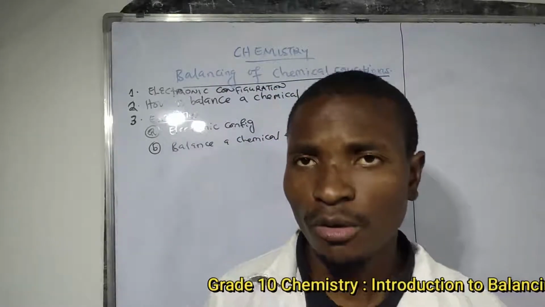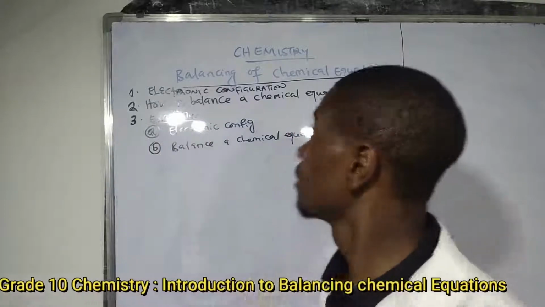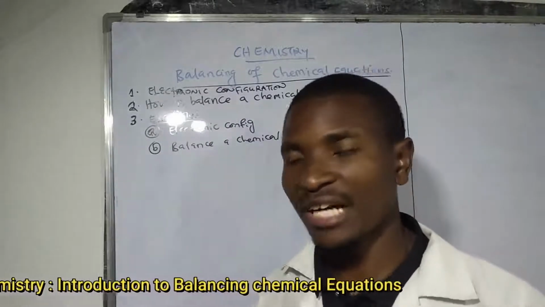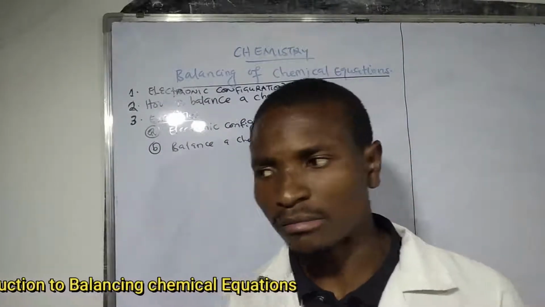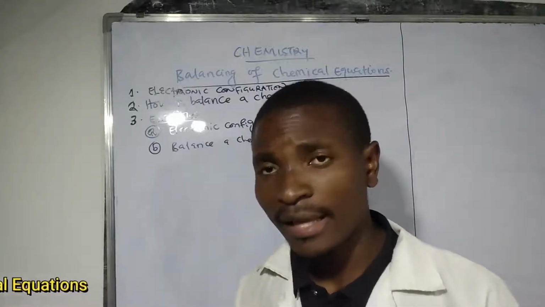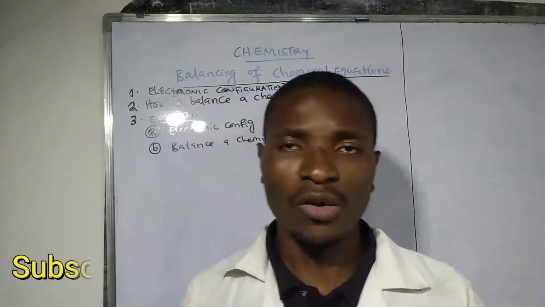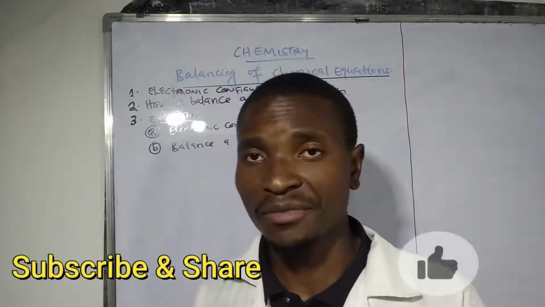In this video, we'll be learning about balancing of the chemical equation or chemical reaction. Now, this is a basic fundamental of chemistry that we're supposed to understand: the meaning of a chemical equation, or rather the meaning of a chemical reaction.